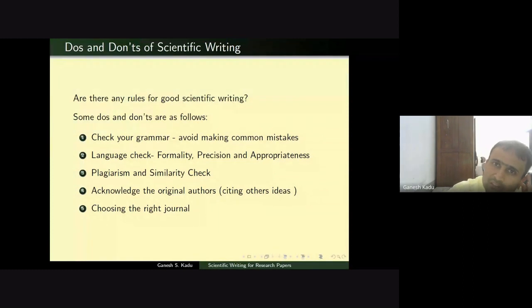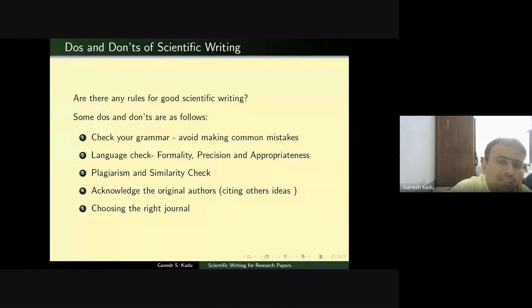Now, some do's and don'ts. Are there any rules for good scientific writing? There is no rule book as such, but there are some broad principles. For instance, checking your grammar and avoiding common grammatical mistakes.